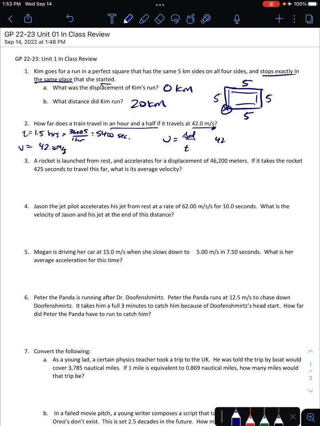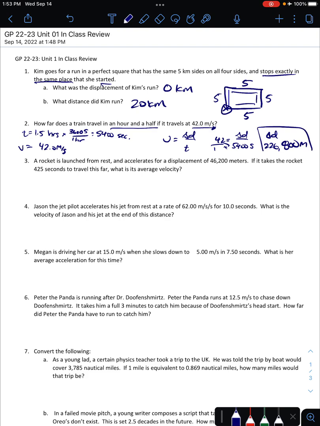So 42 equals our delta D over 5,400 seconds, okay? Put that over 1, I'm going to cross multiply. So 5,400 times 42 should give us a delta D of 226,800. And that's going to be meters.